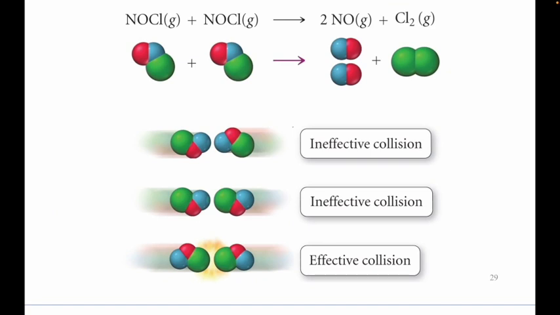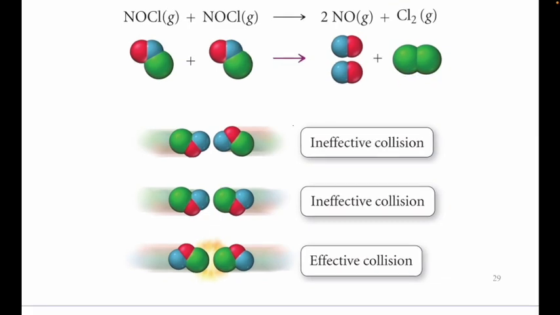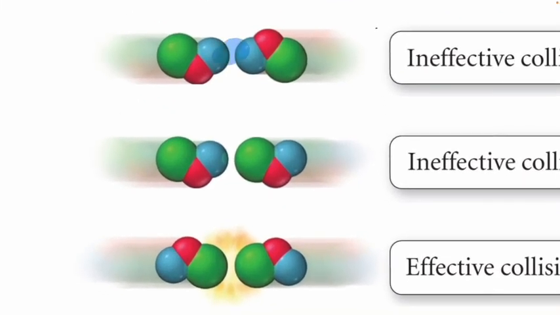There's an orientation factor for these collisions. So if we look at this simple example here, we have these two reactants that are going to collide to form product here. Okay? Our product here, this chlorine gas that's going to form, well, that's not going to form if two nitrogens hit each other.